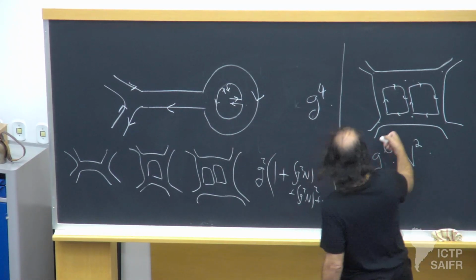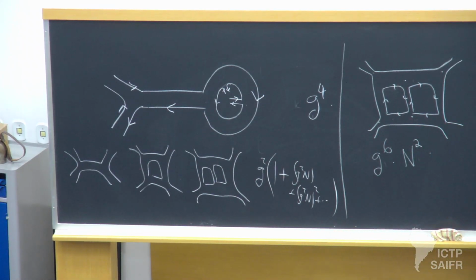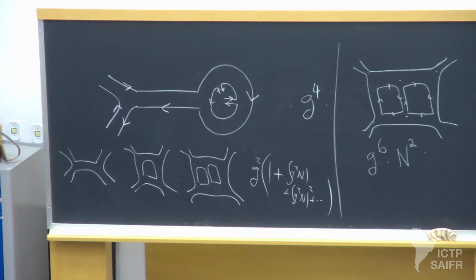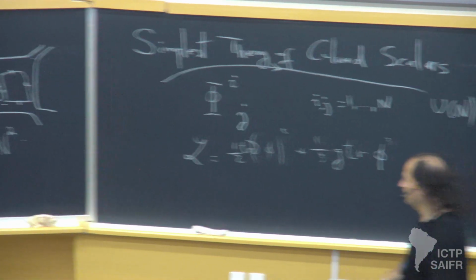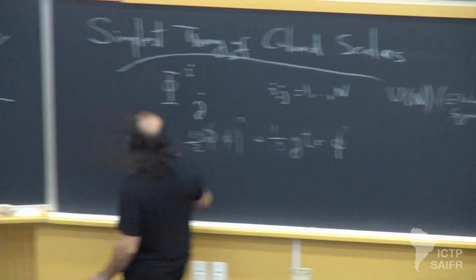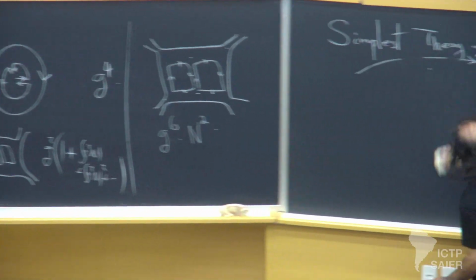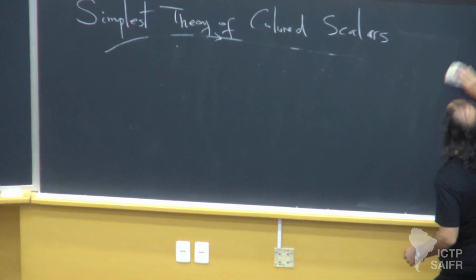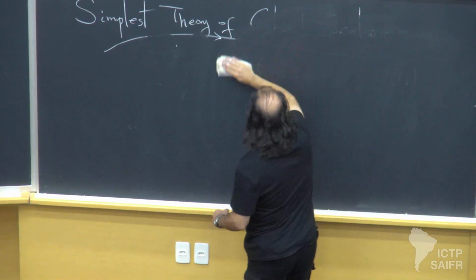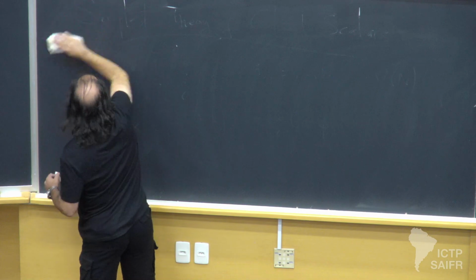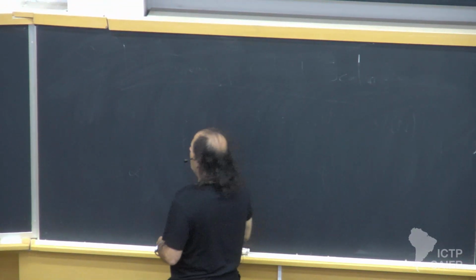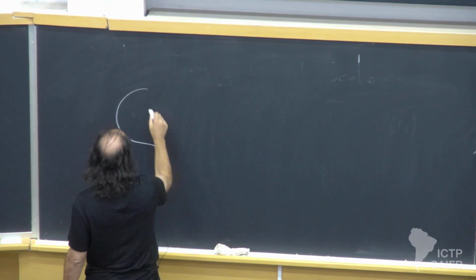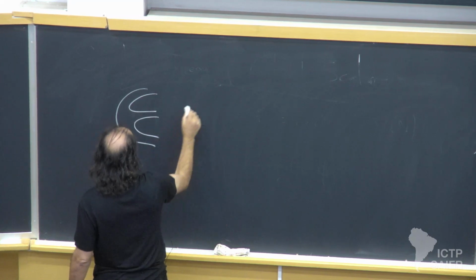But at 2 loops, already for the single trace diagrams, we can have things that are subleading in 1 over n. So what does a subleading diagram look like in order 1 over n? Let me just draw it, and then I'll remind you what the connection is between this picture and surfaces. Let me just draw it the way I'd like to draw it.